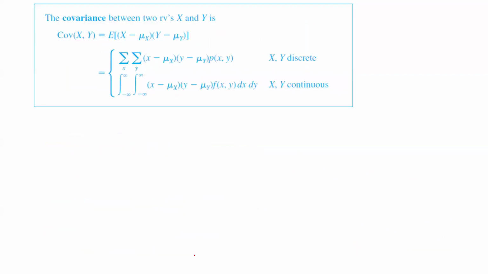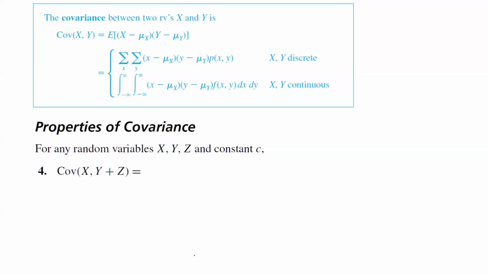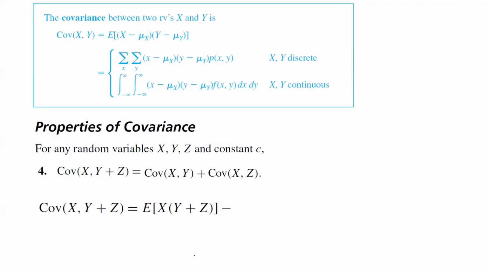And finally, the covariance of x and y plus z is the covariance of x and y plus the covariance of x and z. We're going back to the definition. The covariance of x and y plus z is the expected value of x times y plus z minus the expected value of x times the expected value of y plus z.